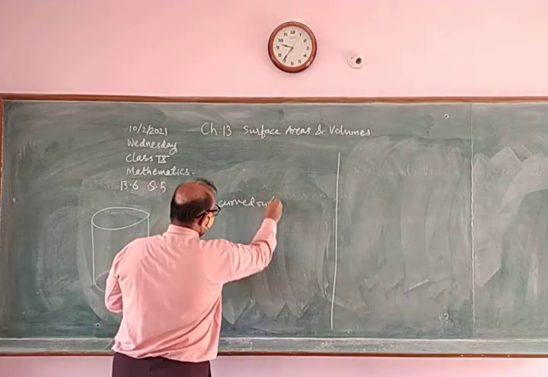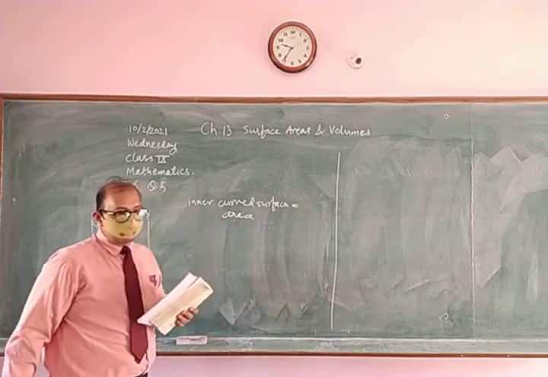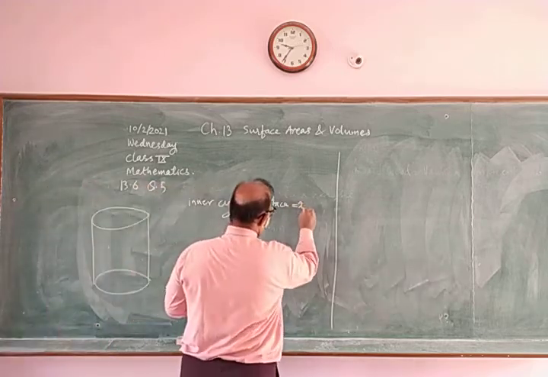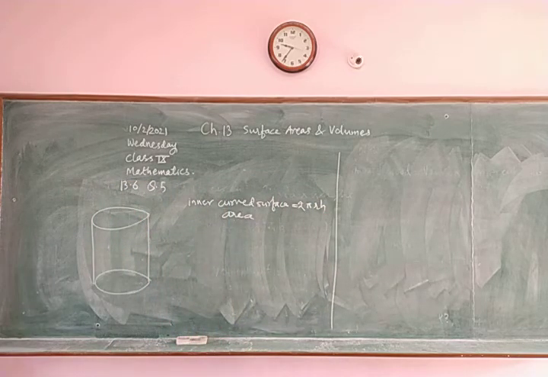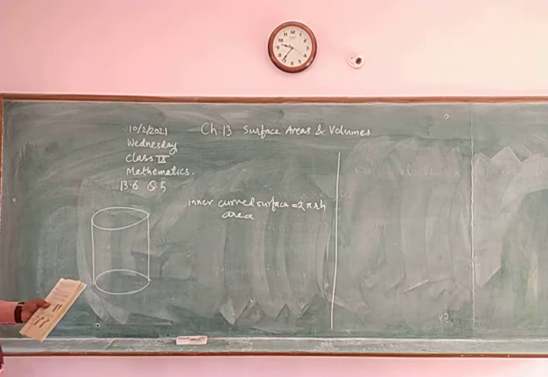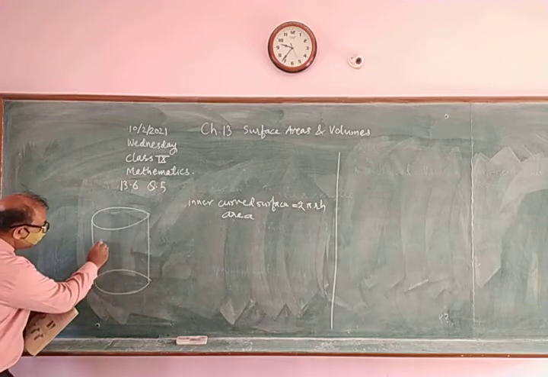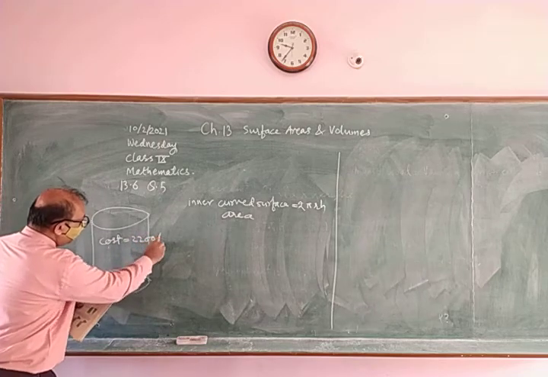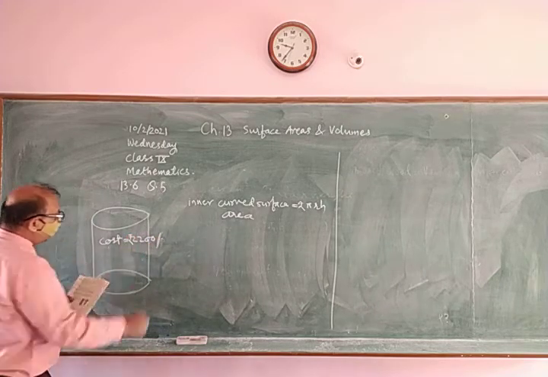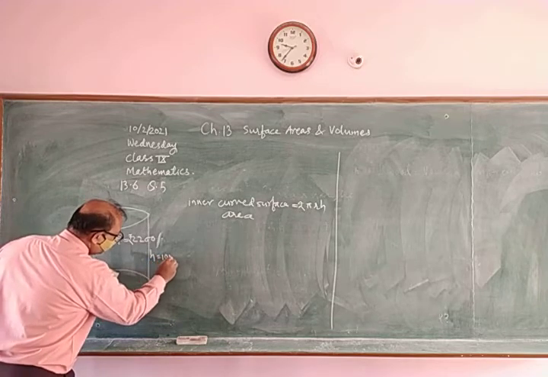Inner curved surface means inner curved surface area. What is the formula? Curved surface area is 2 pi r h. And the cost is given: 2200 rupees. 10 meter deep means height is 10 meter.